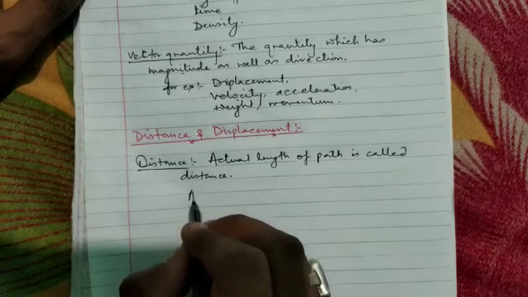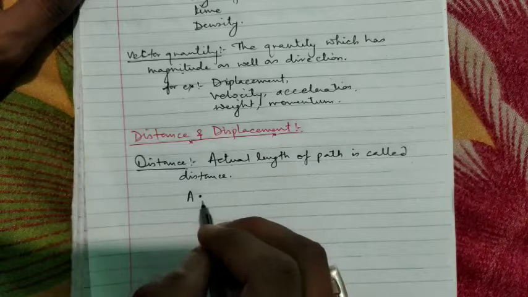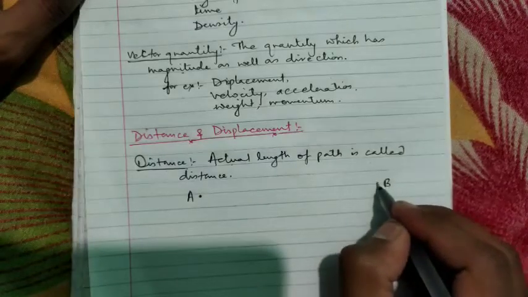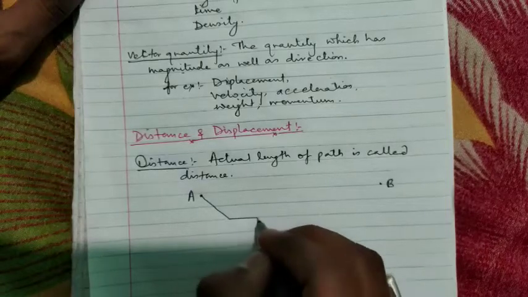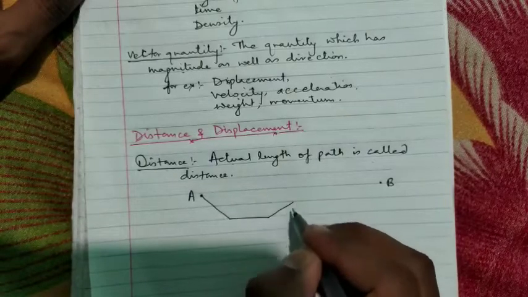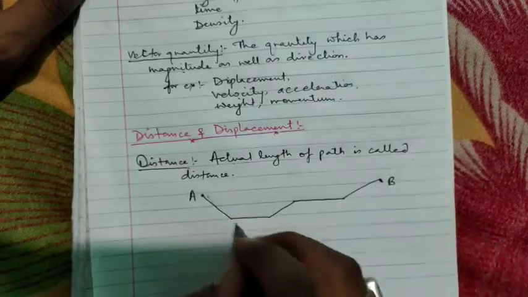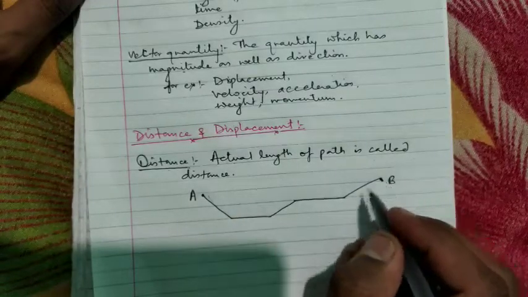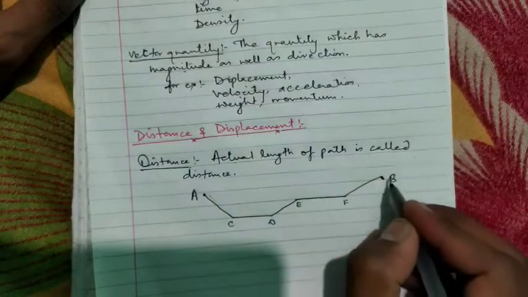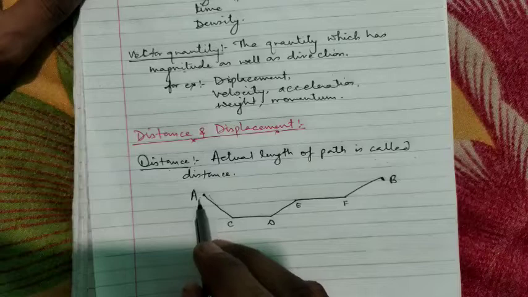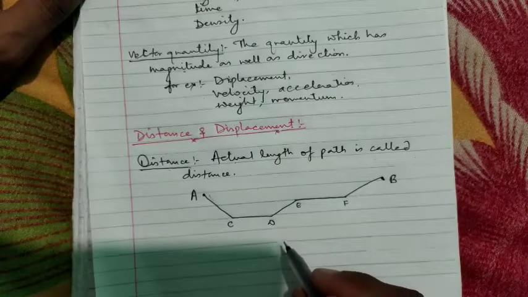Suppose a boy starts traveling from point A and wants to go to point B. He moves first this side, then like this, then like this, and like this he reaches point B by traveling through C, D, E, F. Now how will we calculate the distance?